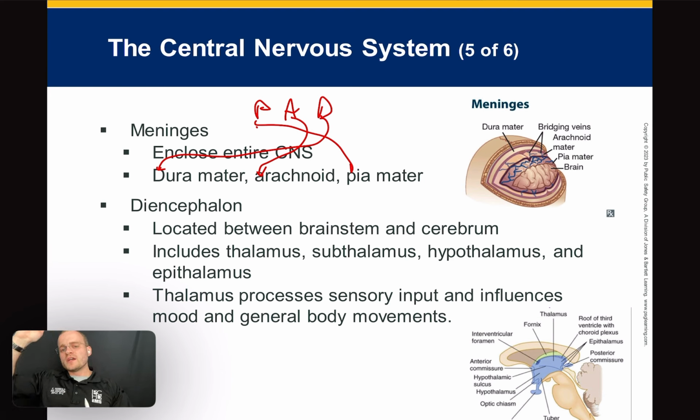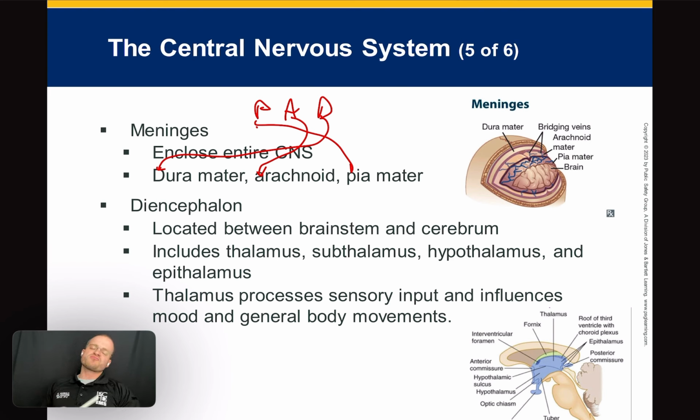So it pads the brain. Occasionally examiners will ask, what are the layers of the meninges in order? And you would know, from the brain going up to the skull, it goes pia, arachnoid, dura, PAD. If you're working away from the skull down to the brain, it would be DAP, right? So it would be dura, arachnoid, pia. And that is worth knowing. It's not being fancy. You actually need to know that.